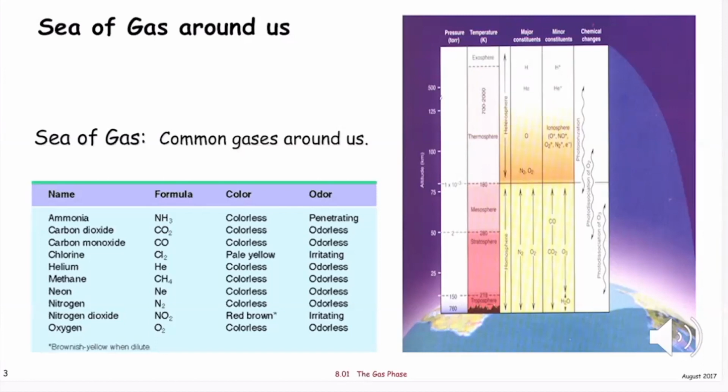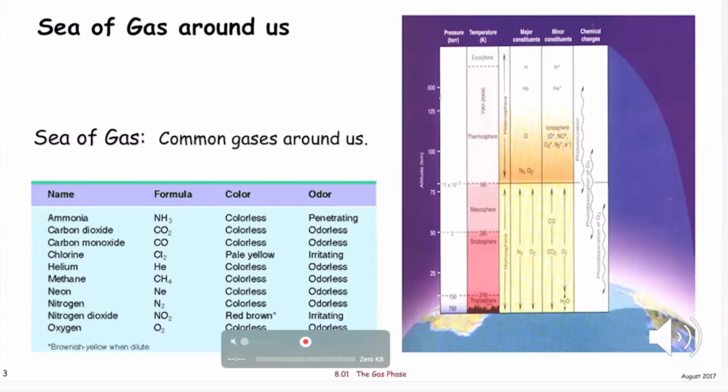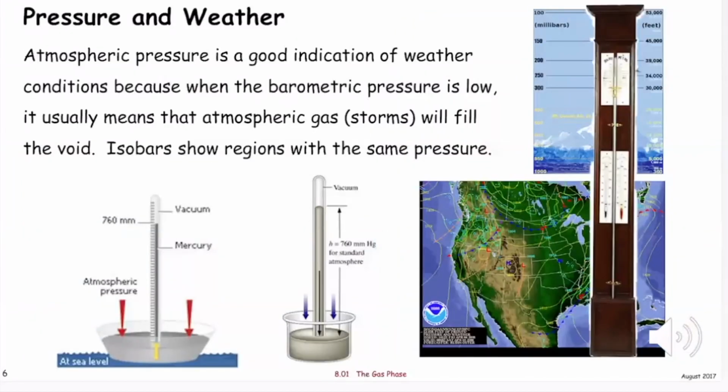It's why when you have a storm and a low pressure system, what's going on basically is that you have a void of gases in a region, and then the other gases get sucked into that void. That's where the storm seems to head in terms of filling in that void.